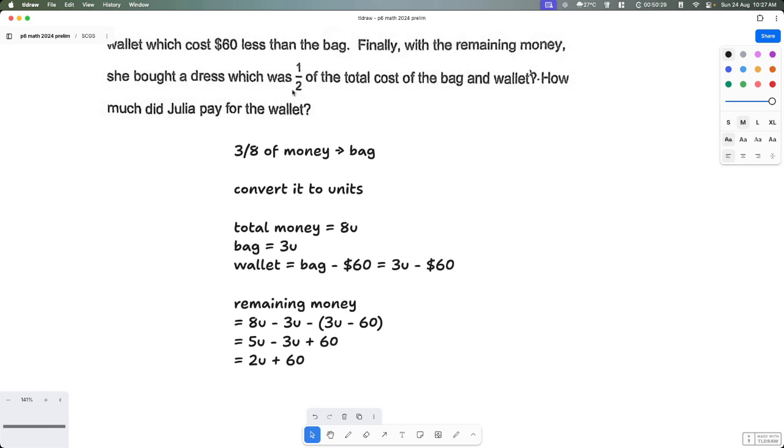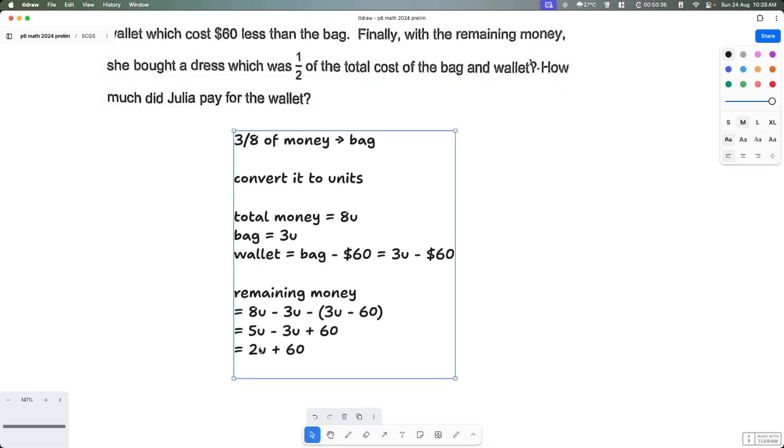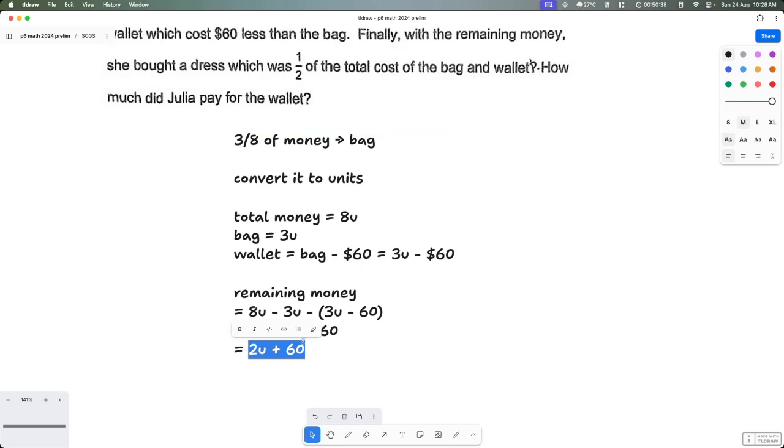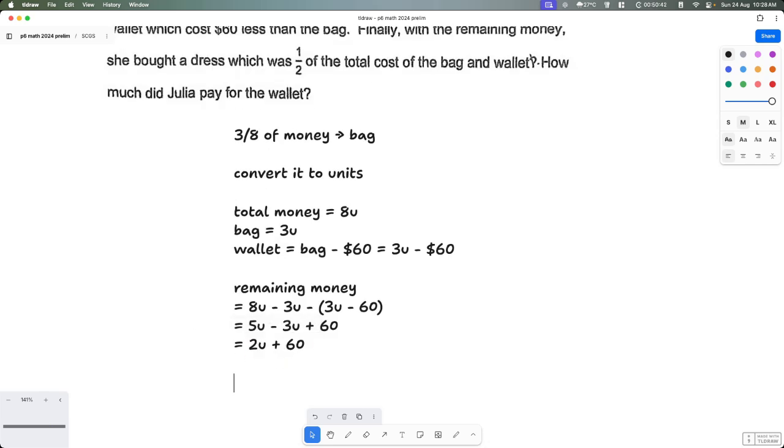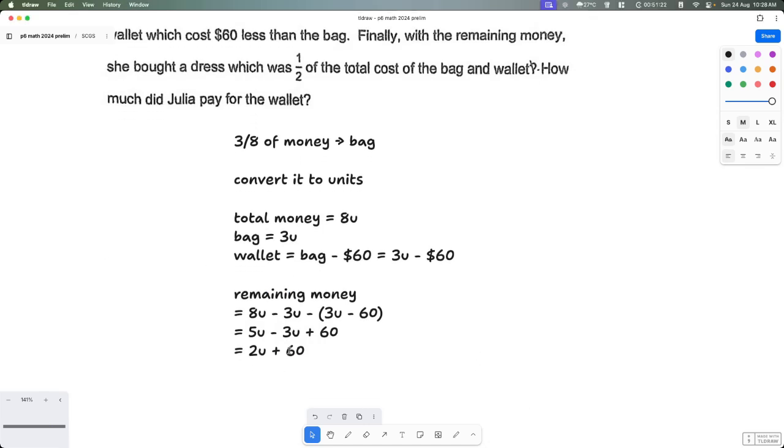Okay, so with the remaining money, she bought a dress, which was half of the total cost of the bag and wallet. So that means this over here is the dress, and we also know the dress itself is half times bag plus wallet, right?